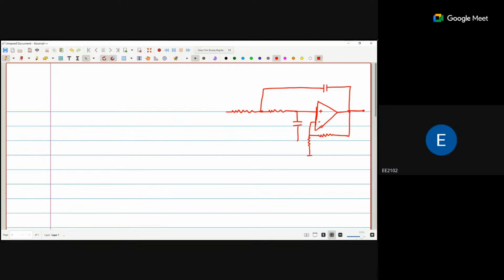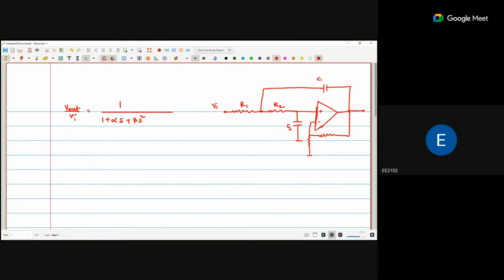Okay, for example, this is my circuit: Vi, R1, R2, that is C2 and C1. If I find the transfer function Vout upon Vi, that particular transfer function is in terms of 1 upon 1 plus alpha s plus beta s square, in this way.